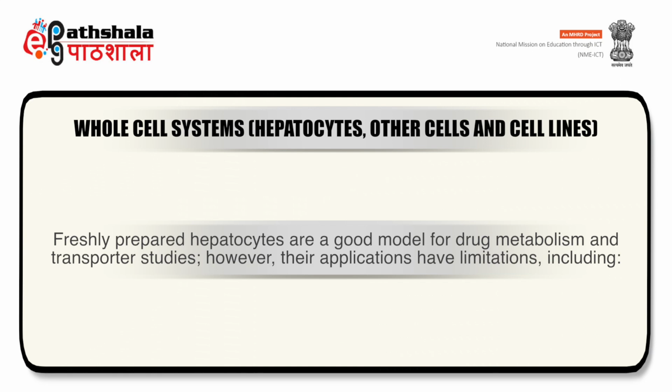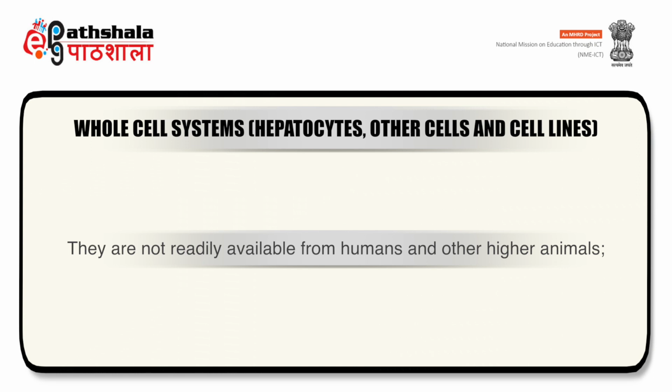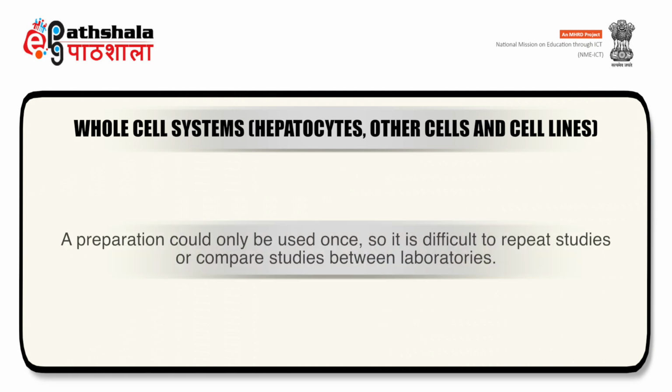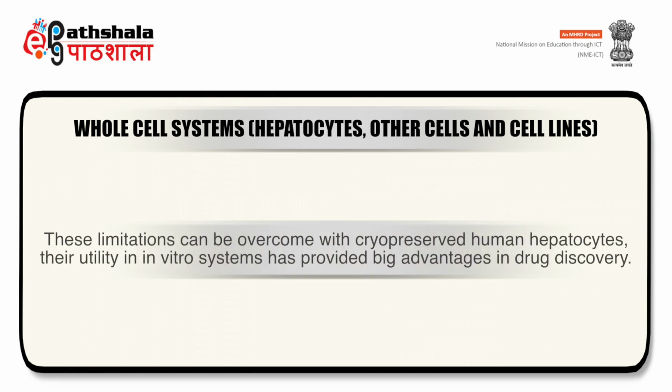However, their application has limitations, including that they are not readily available for humans and other higher animals, and a preparation could only be used once. So it is difficult to repeat studies or compare studies between laboratories. These limitations can be overcome with cryopreserved human hepatocytes. Their utility in the in vitro system has provided a big advantage in drug discovery.